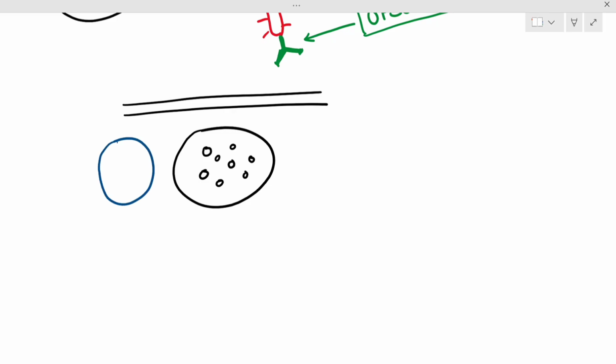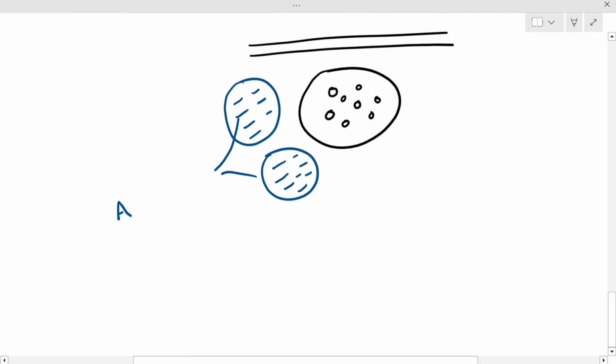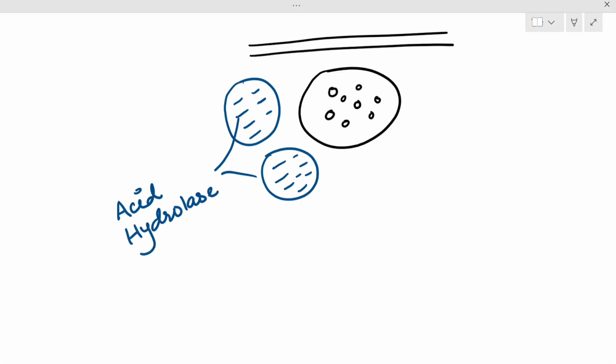So these are the lysosomes. Okay. Inside the lysosome, there is an enzyme known as acid hydrolase. Okay.